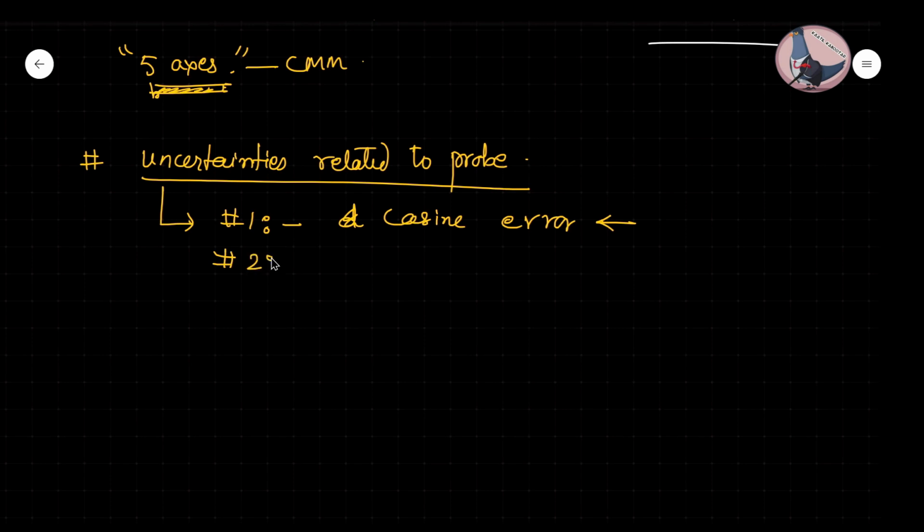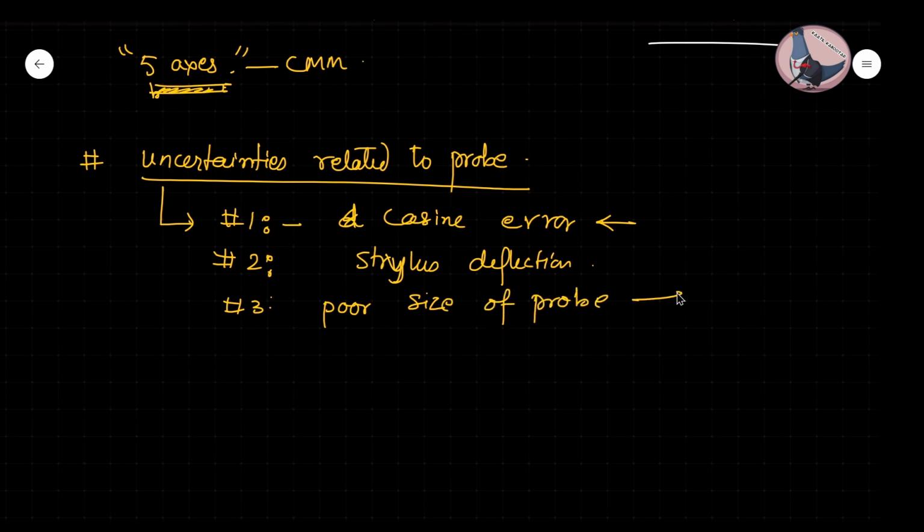Then the second one was your probe stylus deflection, in today's class. Then the third one was the poor size of the probe, meaning if it's smaller then too much data, if bigger then improper form.